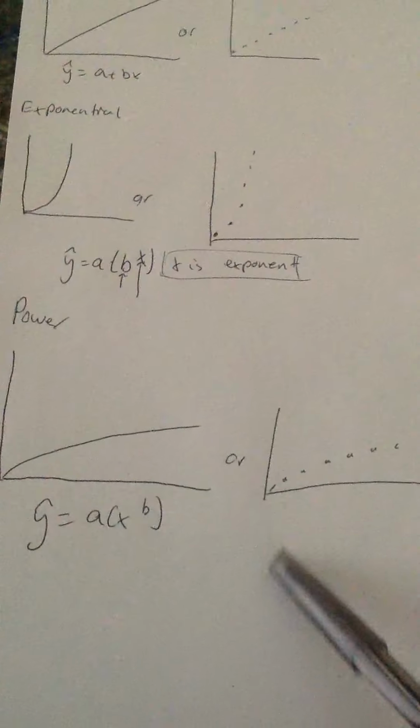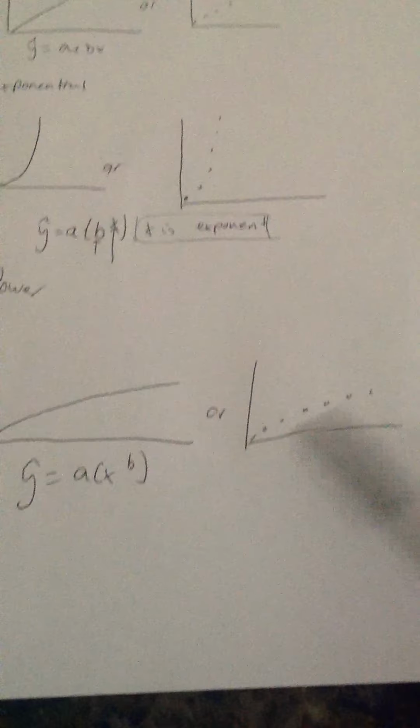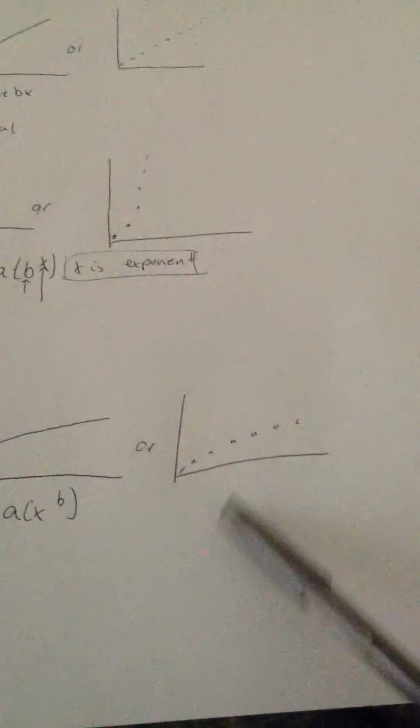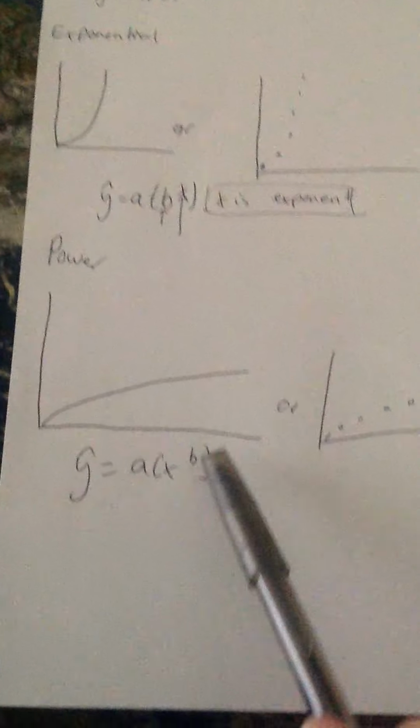For the power, it's a similar kind of graph. I understand that can be confusing. Just remember, power is going to be kind of like going outwards more. This goes upwards more, but this goes outwards. And the reason for that is also, again, in the equation. This time, for the power function, you have y equals a times x to the b power.